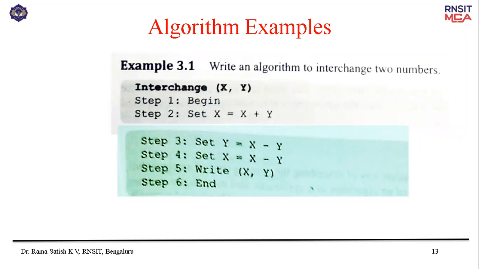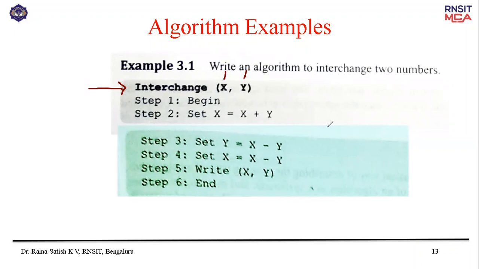The first question is, write an algorithm to interchange two numbers. So what you do here, you give a name. First thing, first convention, you should give a name for the algorithm. The name of the algorithm is interchange, and it is taking two variables, x and y.